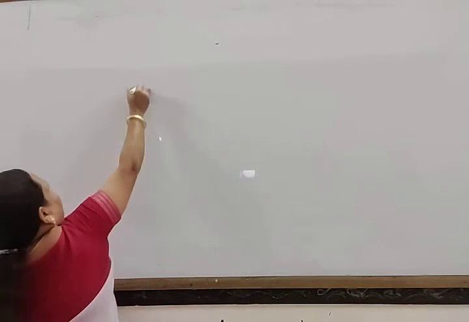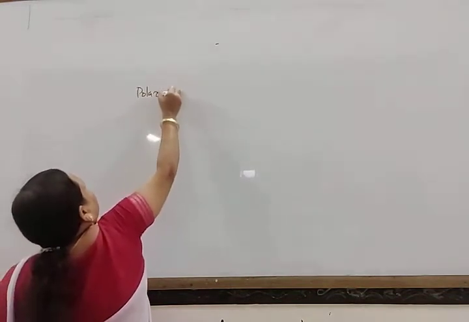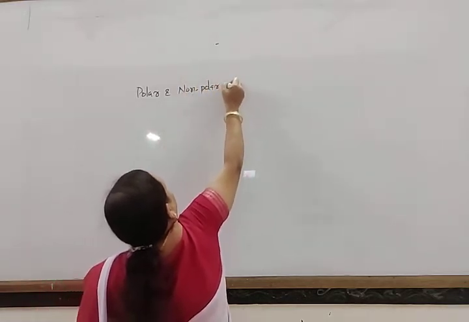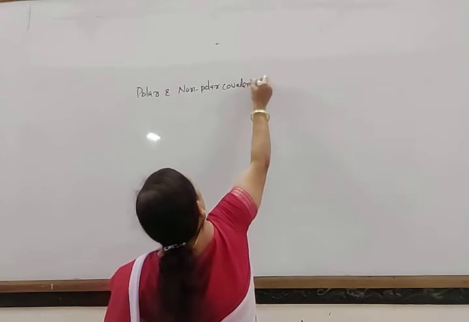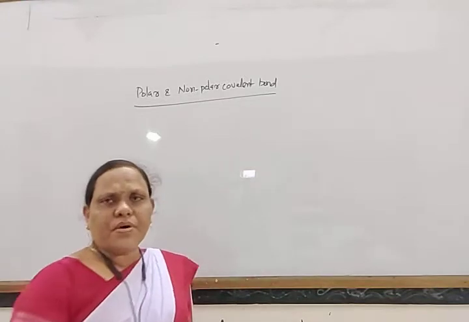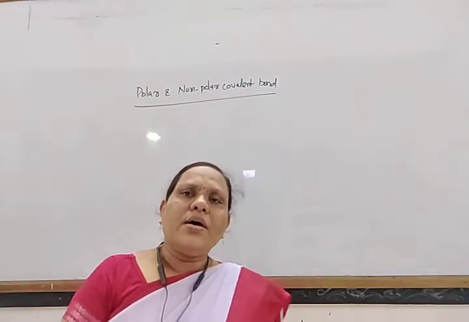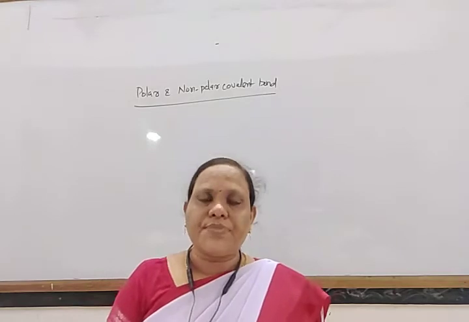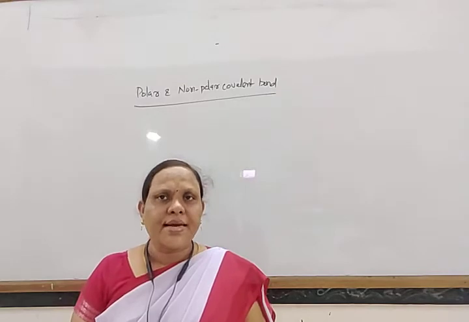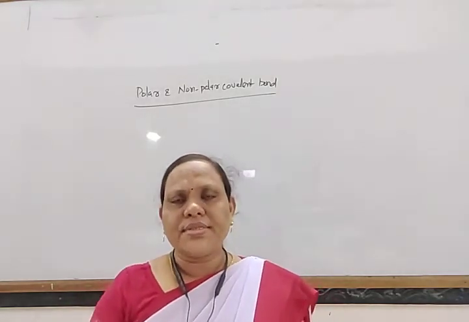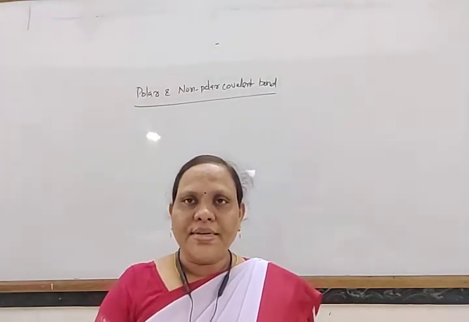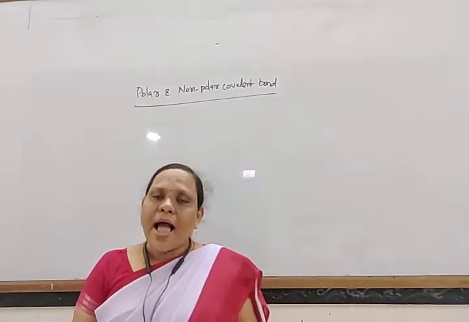A covalent bond is found between two similar atoms or between two dissimilar atoms. So what does polar mean? Polar means partially ionic character. All covalent molecules are not purely covalent in nature. They also exhibit some partial ionic character.